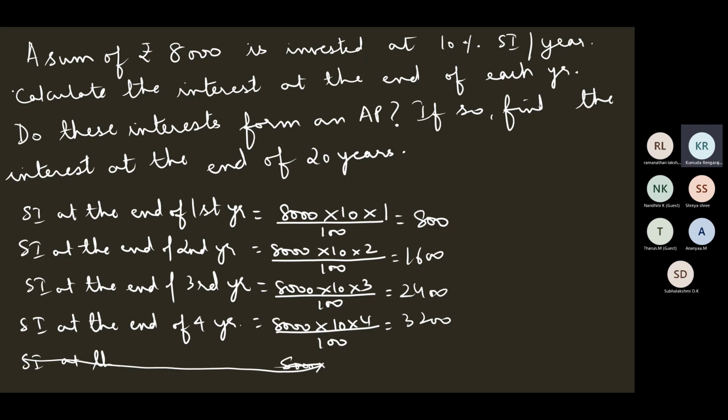No, because it's given that these interests form an AP, find the interest at the end of 20 years using this fact, meaning using the fact that the numbers form an AP.